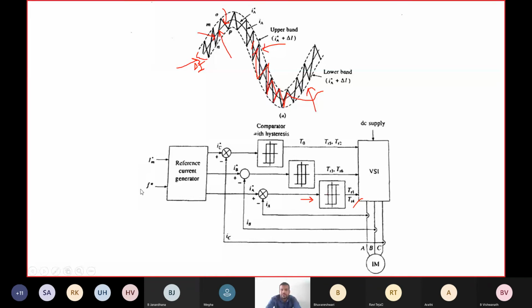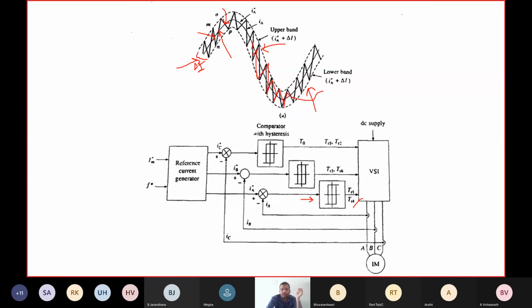The reference current generator generates the sinusoidal reference currents IA star, IB star and IC star, which are the phase currents flowing through the different legs.